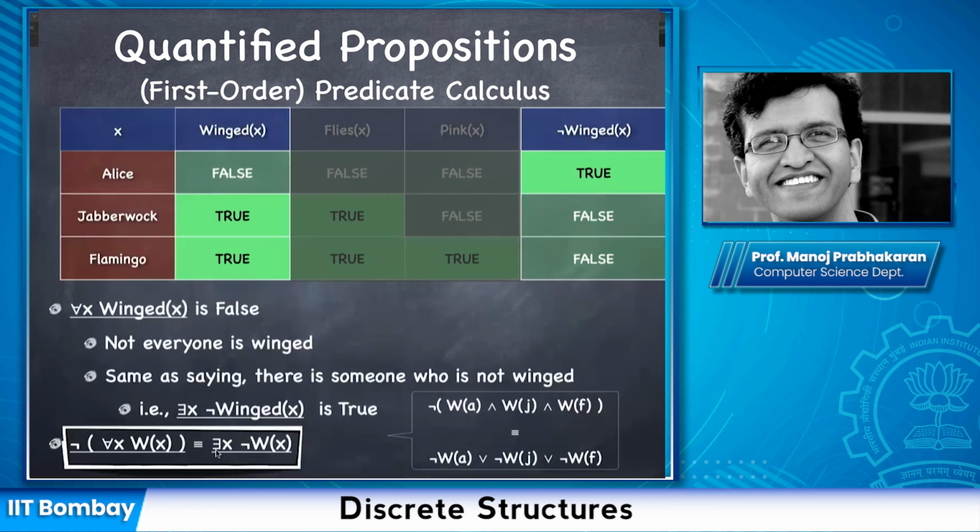Let's call the predicate something else, say U. The negation of there exists x U(x) is the same as for all x, negation of U(x). So that's the analogous statement for negating a there-exists statement. When you negate a there-exists proposition, you get a for-all proposition, and vice versa.